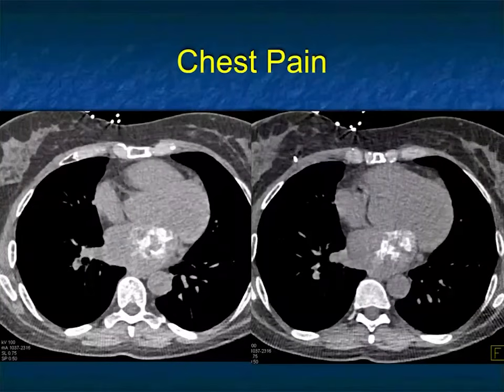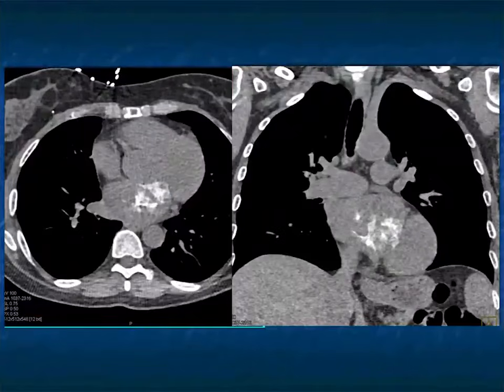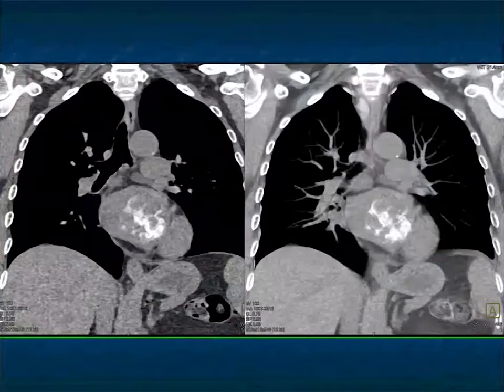Chest pain, non-contrast scans only. There's a calcified mass in the patient's left atrium. What gives you a calcified mass? Yes, thrombus is a consideration, but this is a really large mass. Left atrium, usually you see thrombus with catheters or right atrium SVC. You got to be thinking, what could this be? Could it be tumor? So you got to say tumor. What tumors calcify?